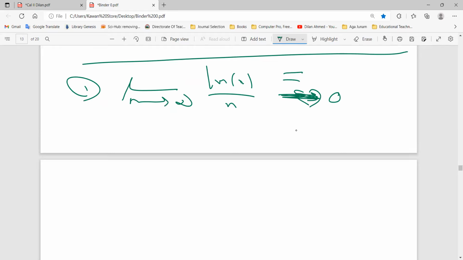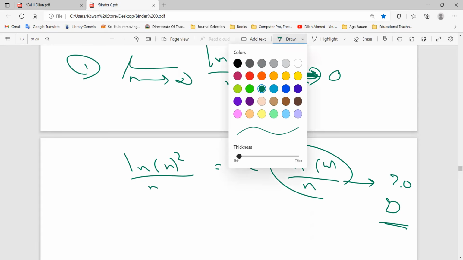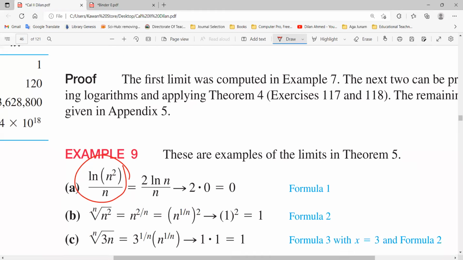How? Here's the example, ln of n squared over n. So how do we solve that? We say ln of n squared will be 2 ln n over n, right? And that one is going to 0. So 2 multiplied by 0 is equal to 0. We say converge. Understood? Now we are going to apply the second example, the second rule. Sorry. Look at the second rule.